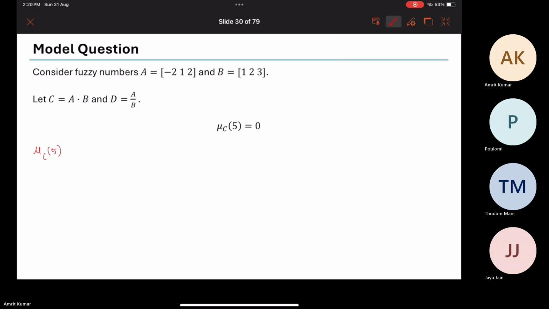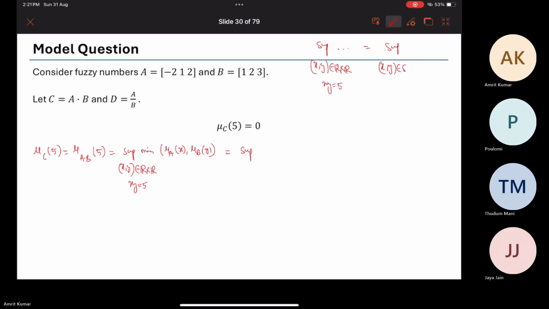So membership of, now if we are able to show, this is again, as we discussed earlier, this particular supremum is nothing but this particular supremum, right?